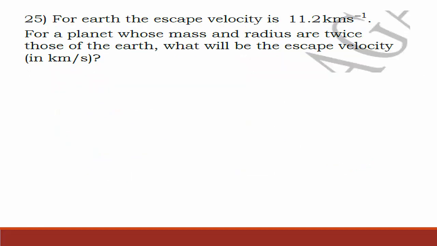For Earth, the escape velocity is given as 11.2 km per second. For a planet whose mass and radius are twice those of the Earth, what will be the escape velocity? Here for the Earth it is given, and for the planet it is doubled, meaning it is twice that of the Earth. So for Earth, let us write the escape velocity VE as root of 2mg divided by r.